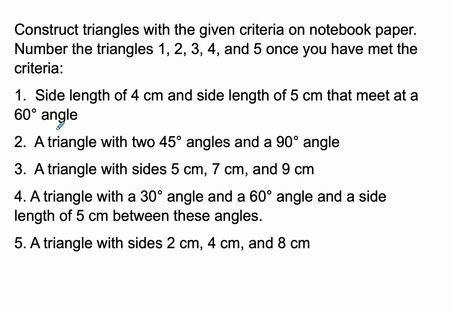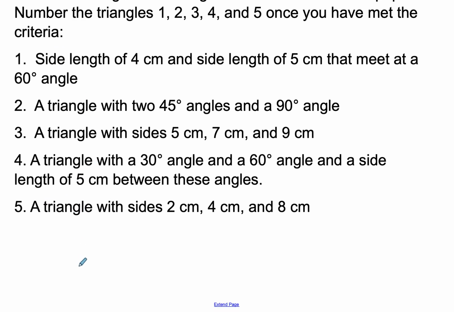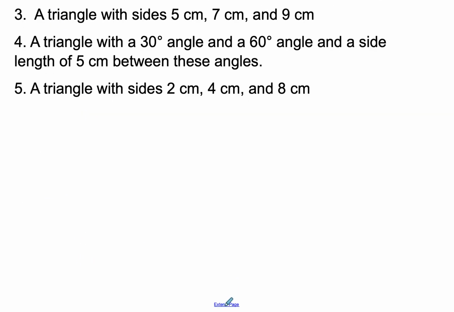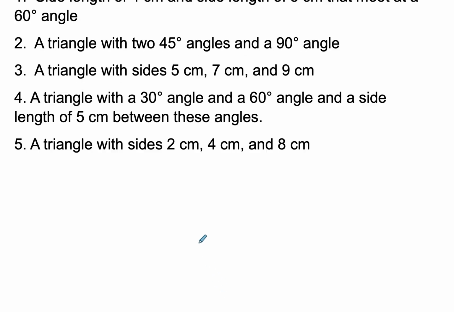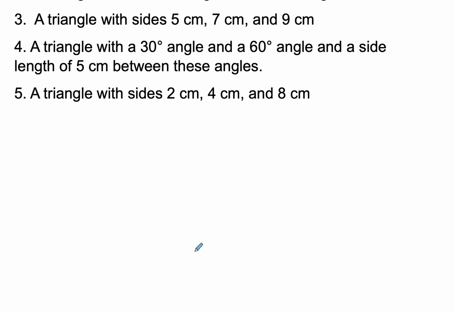All right, so for the first one, side length of 4 centimeters and side length of 5 centimeters that meet at a 60-degree angle. Okay, so it looks like I'm going to need to give myself some more space here. Okay, 4 centimeters, 5 centimeters. So I'm going to need a ruler. Nope, that's not what I want.